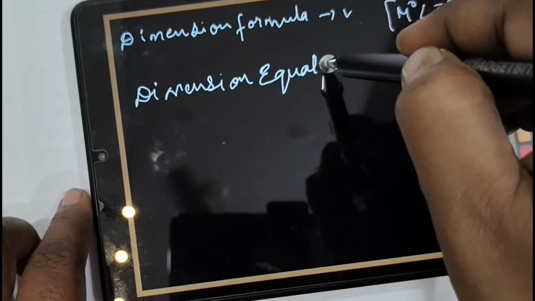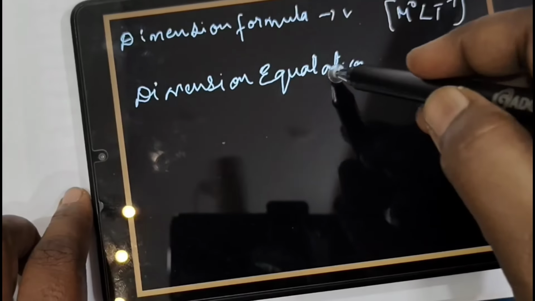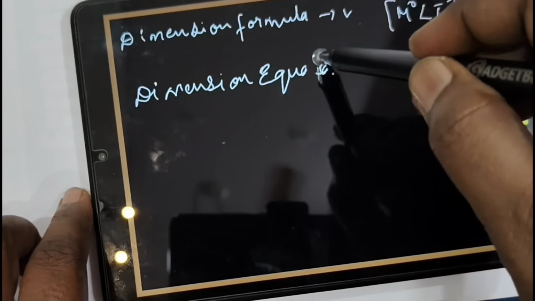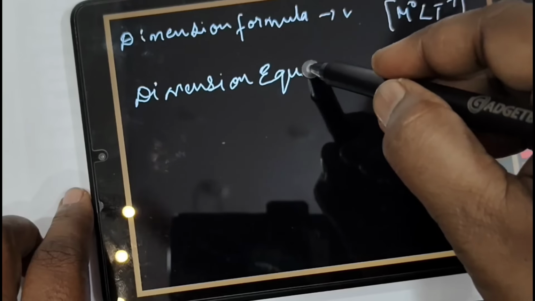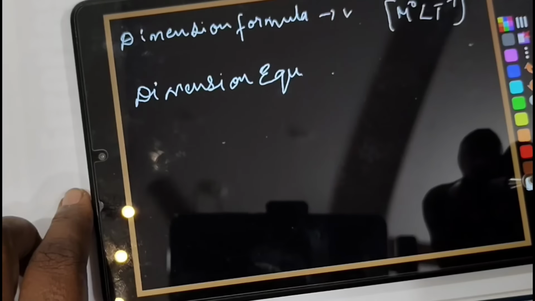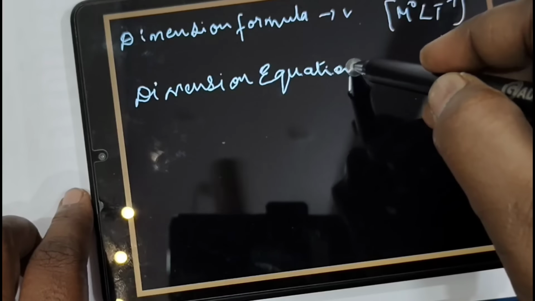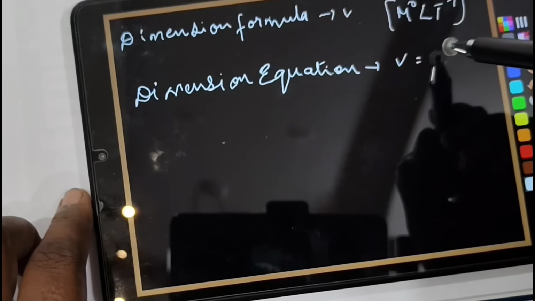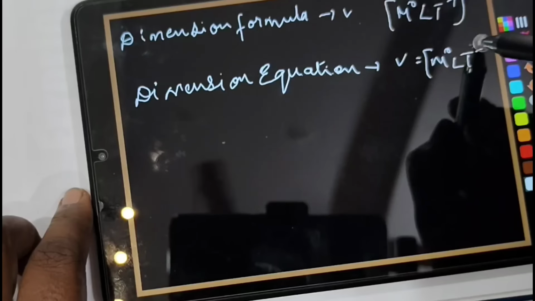So there should be an LHS and RHS in the equation. So velocity is equal to M naught L T raised to minus 1.